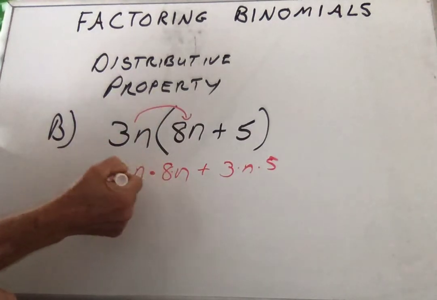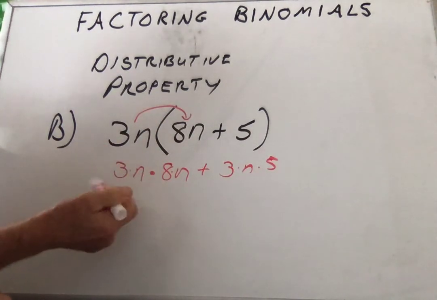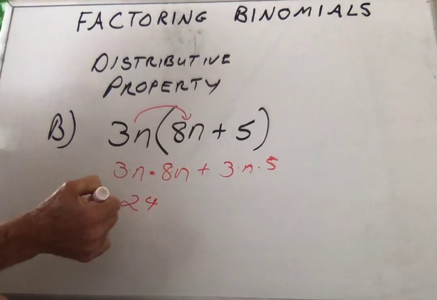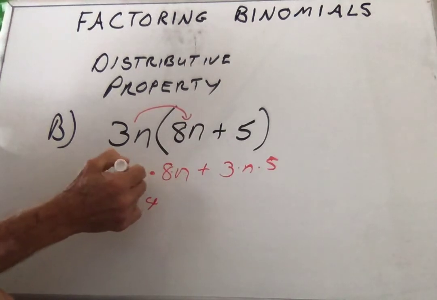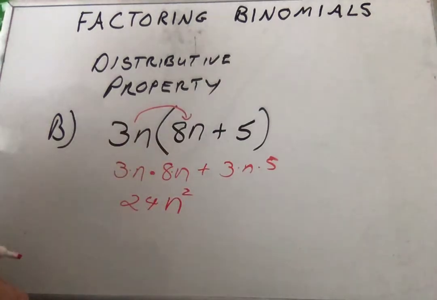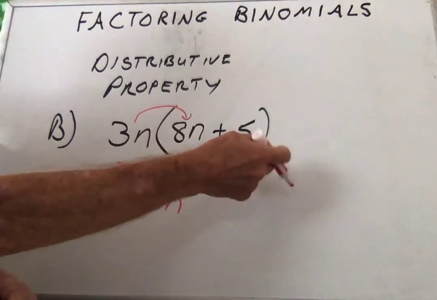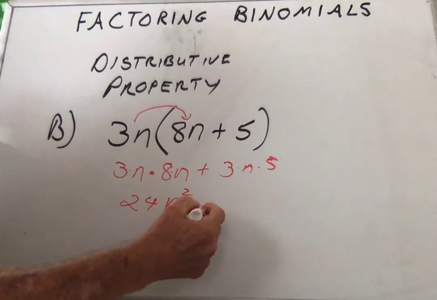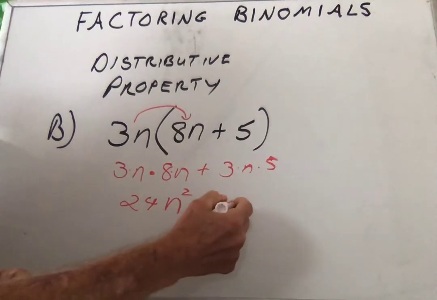The reason that's important is when you're looking at this part of it, it's not 24n. 3 times 8 is 24, but it's n times n, so the power goes up there. A lot of people miss that. And then when you go to this, it's not 3 times 5, it's 3n times 5, so it's 15n.